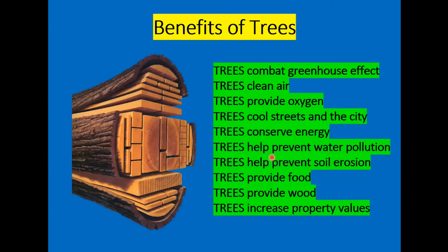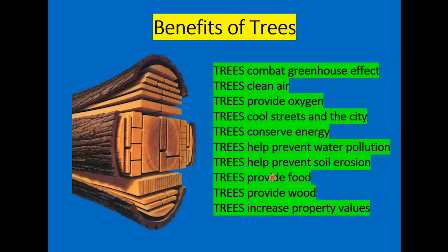Some of the benefits of trees: they combat the greenhouse effect, which means they clean the air, they provide oxygen, they cool streets, they conserve energy, and they prevent water pollution by the roots holding the water, and soil pollution or erosion.